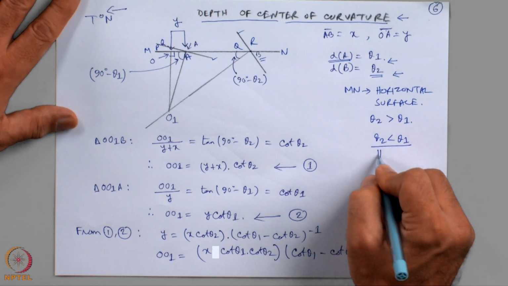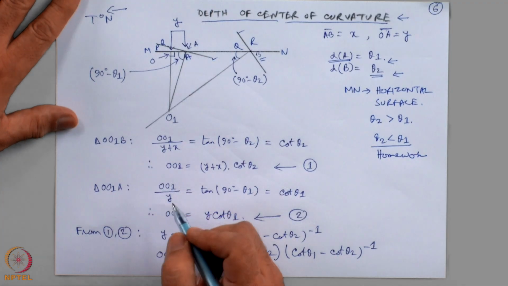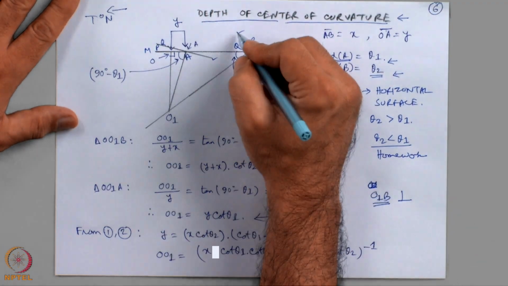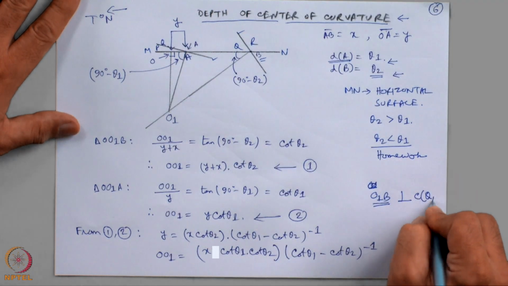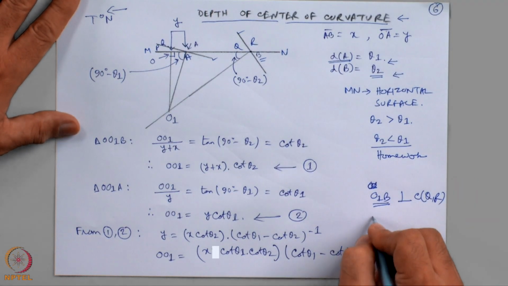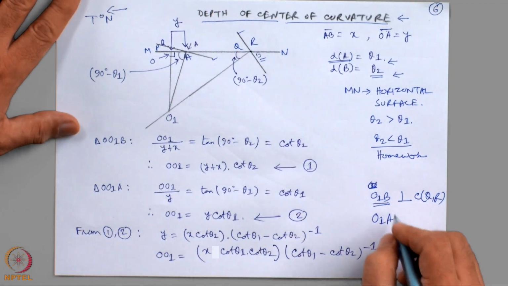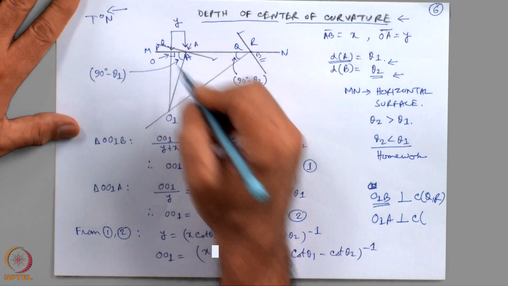This is your homework. Okay, back to the problem. Now, we draw normals O1B on the contact here, contact between Q and R, and we drop another normal O1A on the contact between lithologies P and Q.